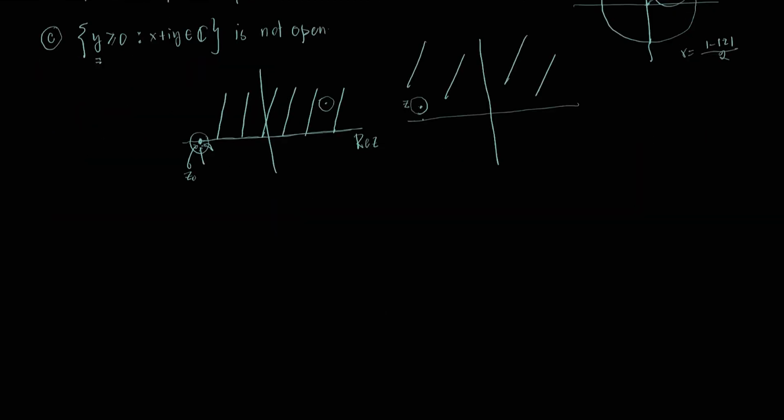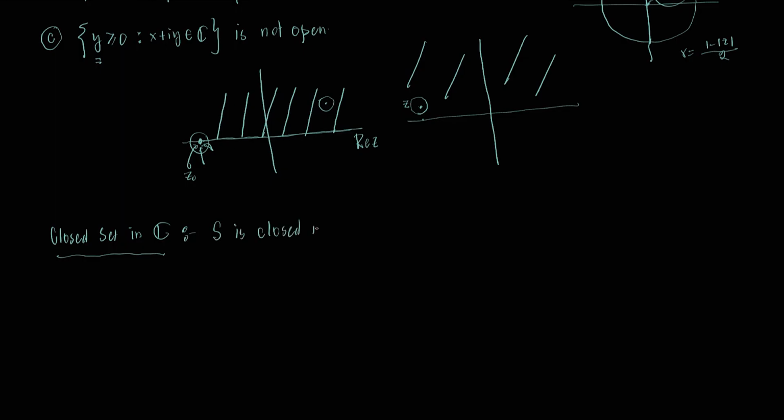Of course, we are also going to define something called a closed set in C. How do I define a closed set in C? S is closed in C if C minus S, the complement of S, is open.